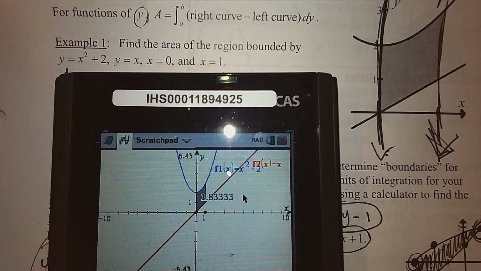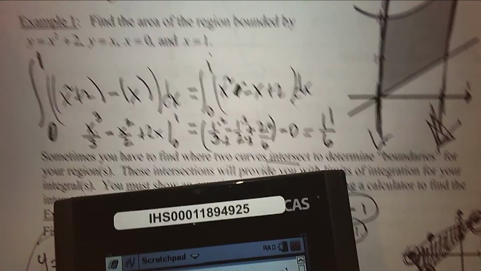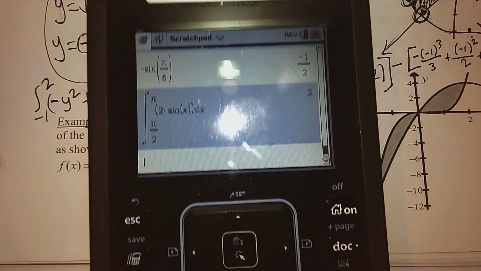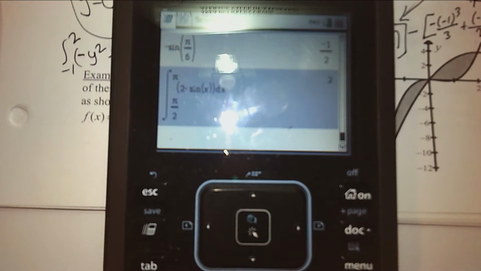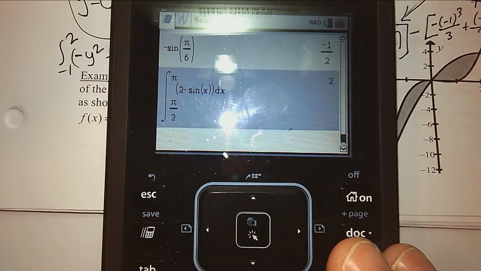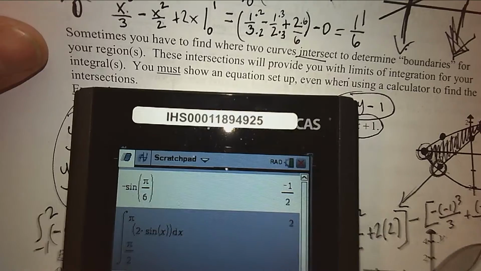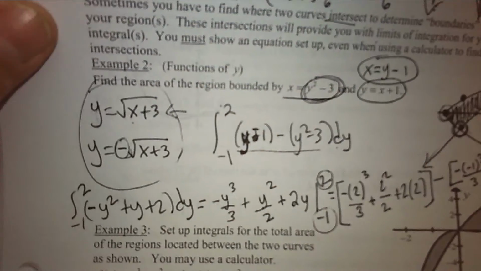If I went to number 2, I'm going to switch over to the scratch pad where I can type in. I press the scratch pad, the shaky calculator, so I could calculate. But let me actually do this first.